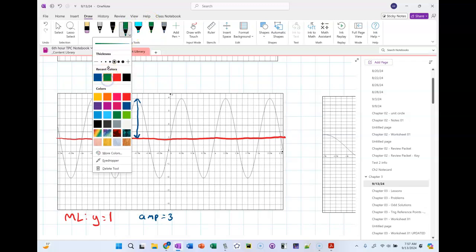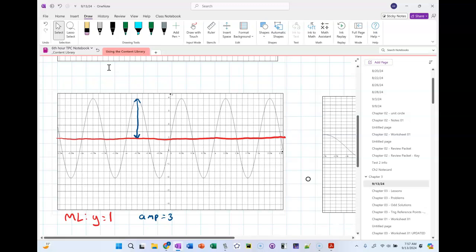And then the last piece I want is my period. So again, I can start my period kind of counting for my period wherever. I usually like to start on the midline or start at like a peak or a valley. I'm going to start here at this point. So I do an up, I do a down, and then I'm ready to start a new up.